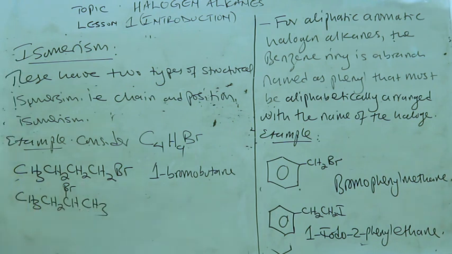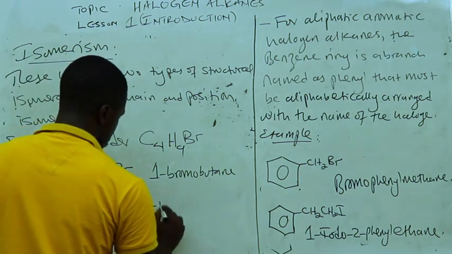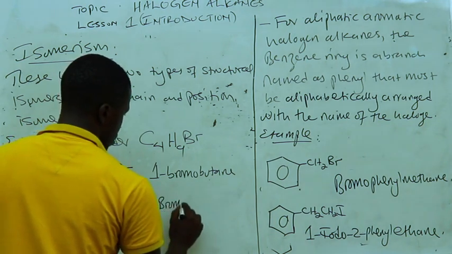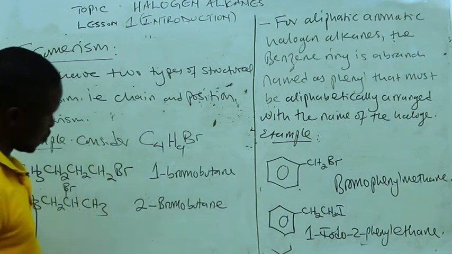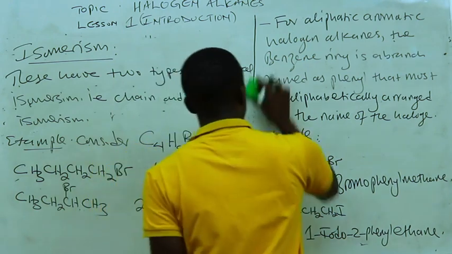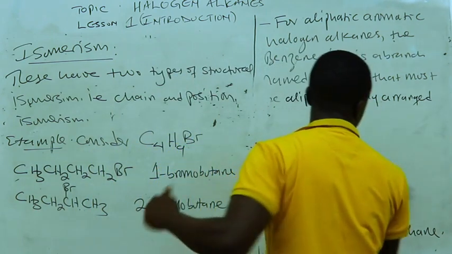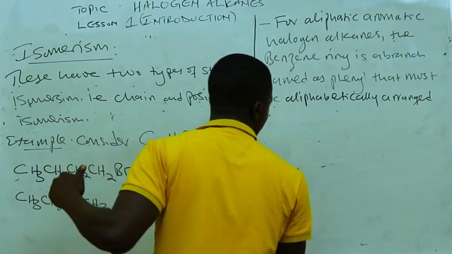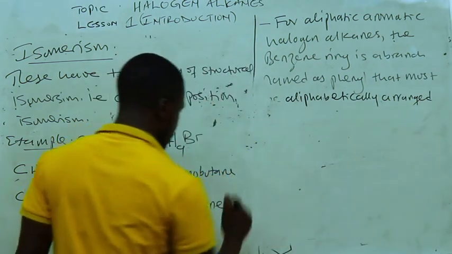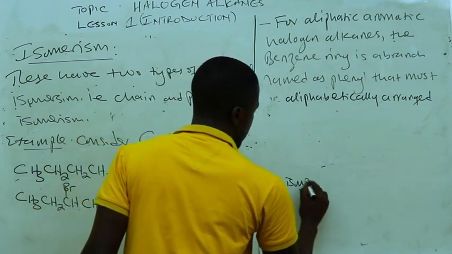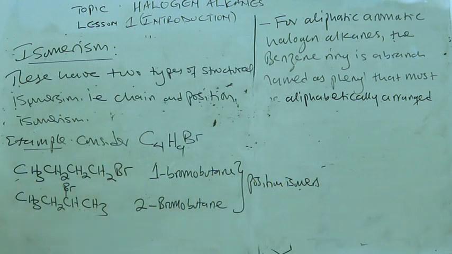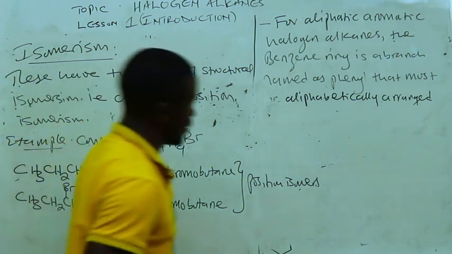And since this is position number 2, this is now 2-bromobutane. These two constitute what we call position isomers, because the only difference is in the position of the functional group, but the carbon chain is the same in both cases.